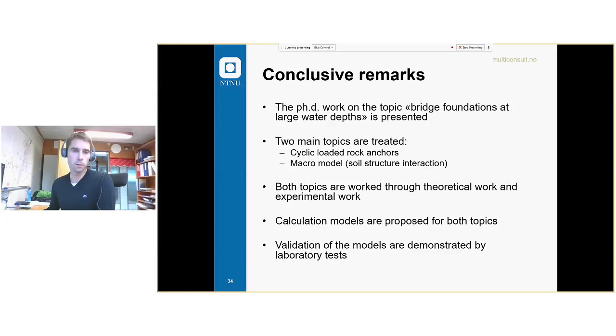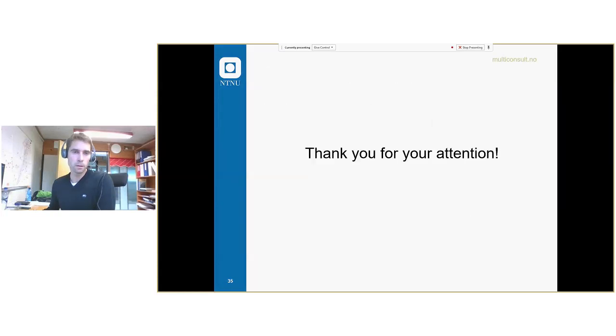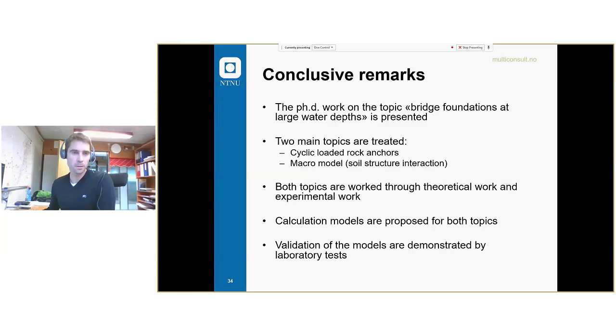We have documented the theories and the models through laboratory experiments. So that's very good. We have proposed models for both topics. Yeah, and we have validated the models.